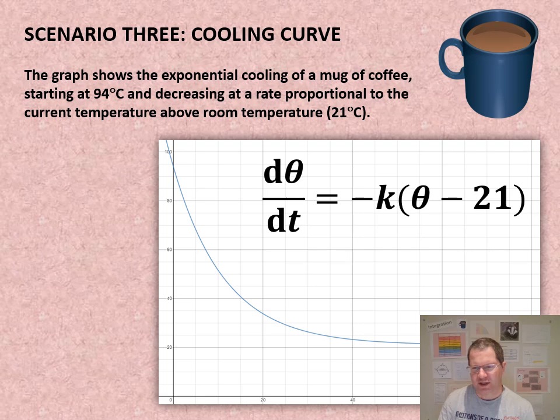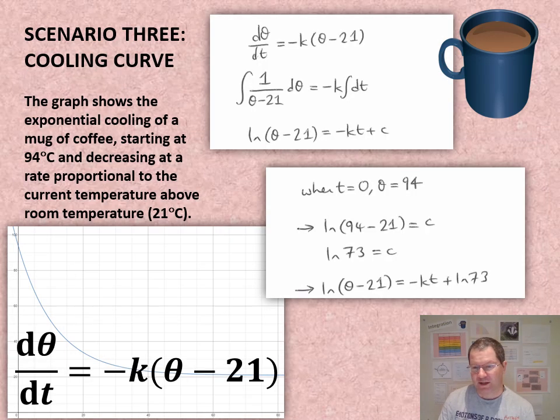So that's why we have a slightly different looking equation. d theta by dt is equal to minus k times (theta minus 21). So that means that theta will always be bigger than 21. Now we can solve this in a similar way, but rather than having minus kA or kP as we had earlier, we've got minus k times (theta minus 21).